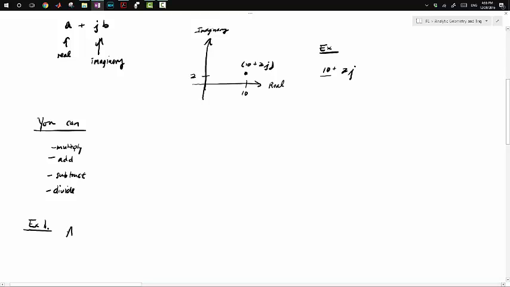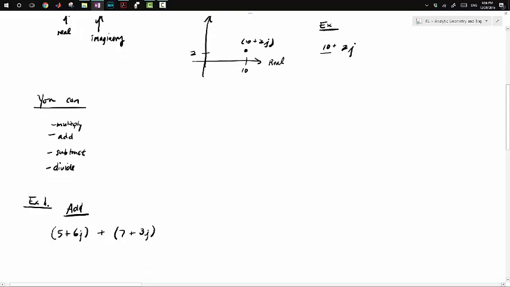So we're going to add 5 plus 6j plus 7 plus 3j. And really all we have to do is add up the real numbers separately and add up the imaginary numbers separately.